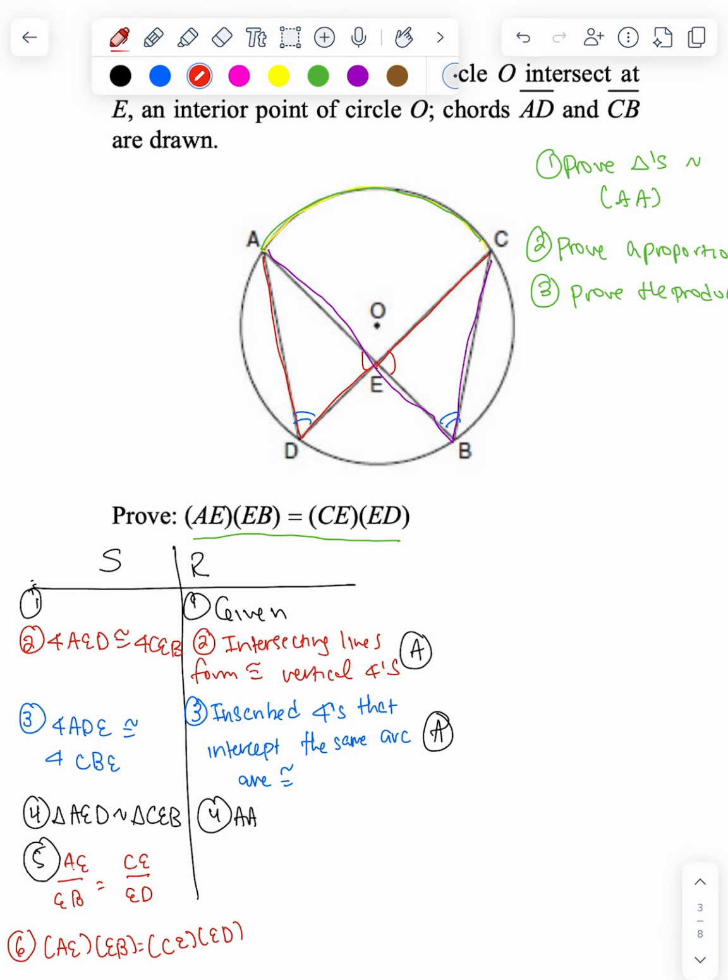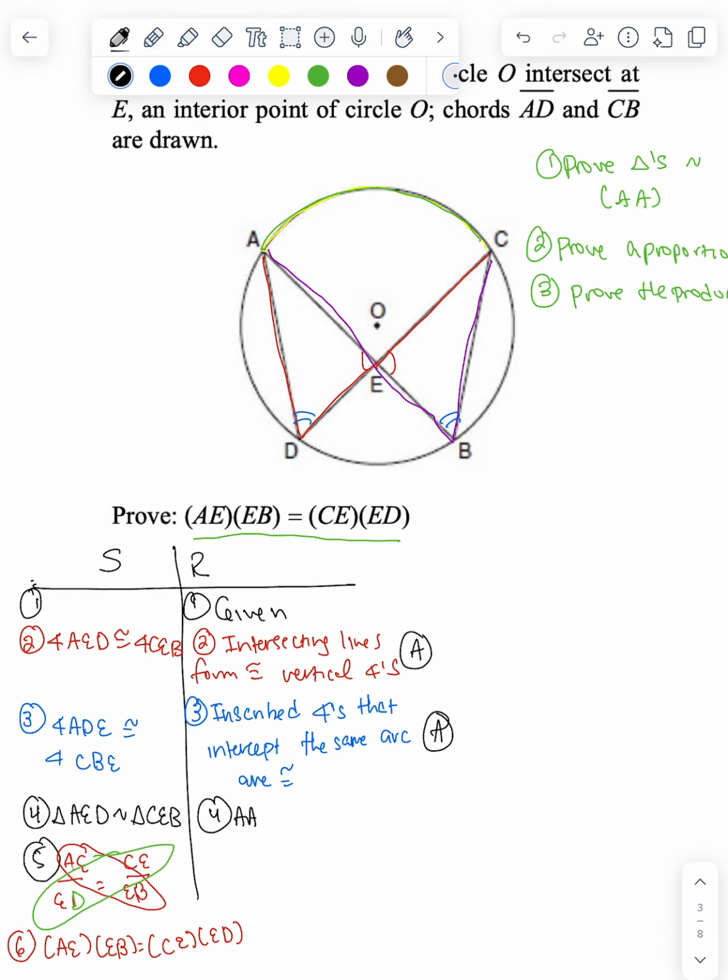Let me check mine. Oh, that doesn't cross multiply correctly. AE times ED, but it's supposed to be AE times EB. So let me swap that around. That should be EB. And then if I'm multiplying this way, it should be CE times ED, not CE times EB. So let me make that adjustment. So always just double check.